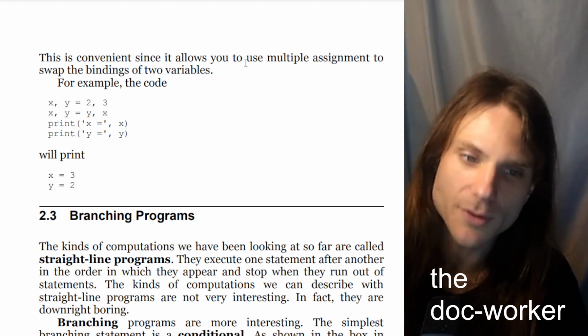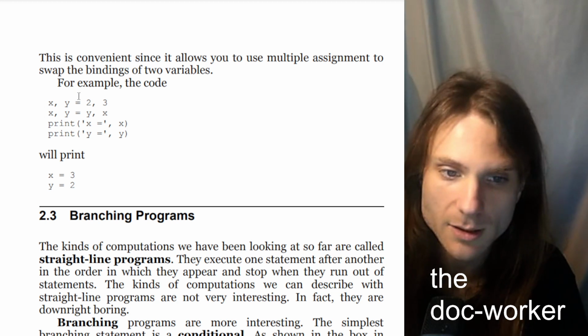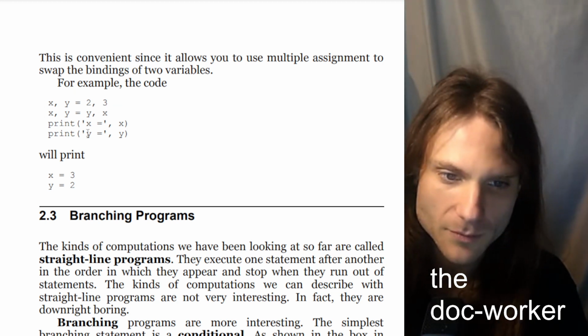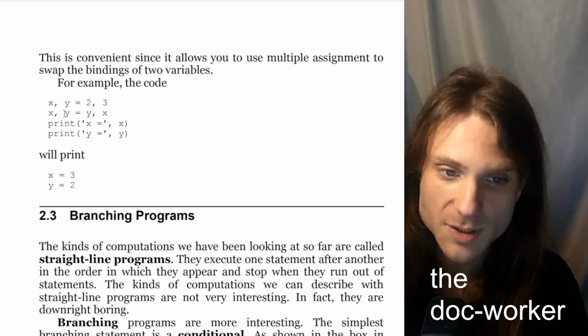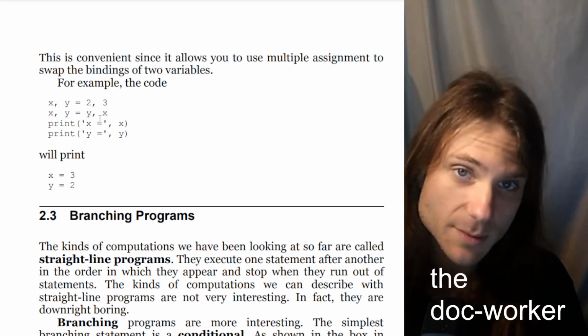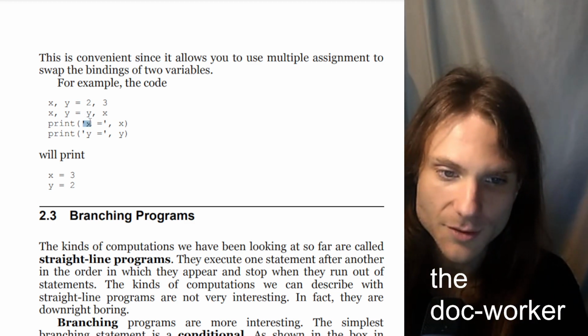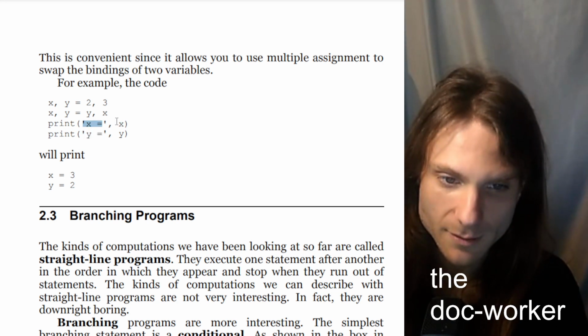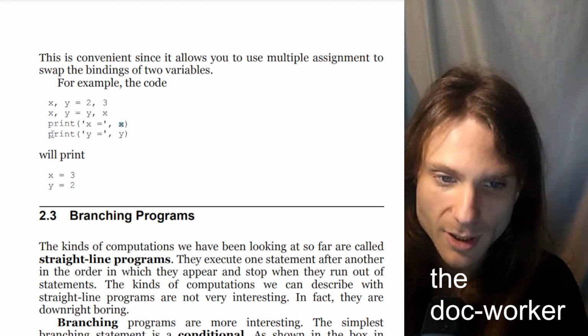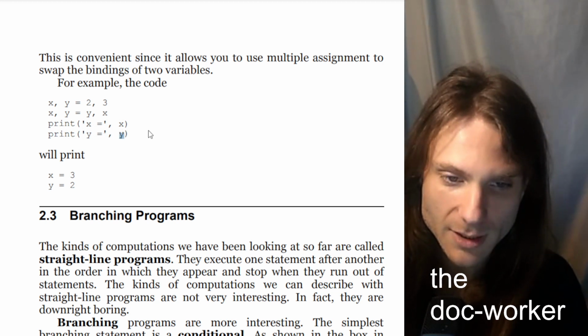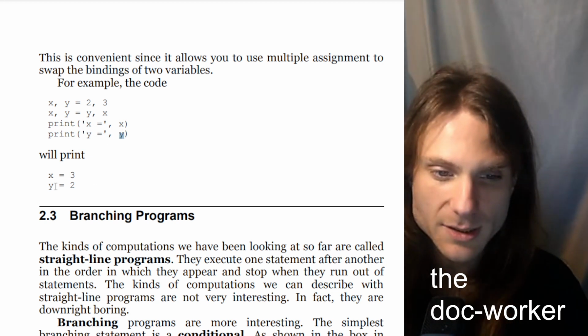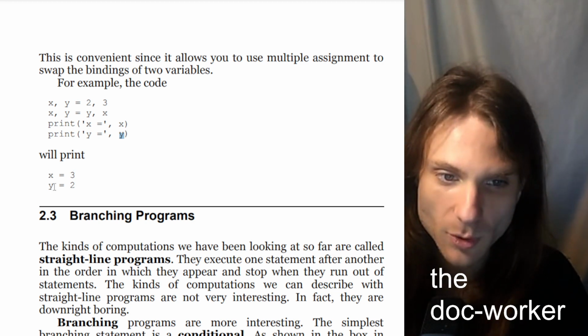For example, the code x, y equals 2, 3, followed on another line by x, y equals y, x. If you then print the string x equals and then the variable x, and on a new line print the string y equals followed by the value of the variable y, this will print x equals 3 and y equals 2.